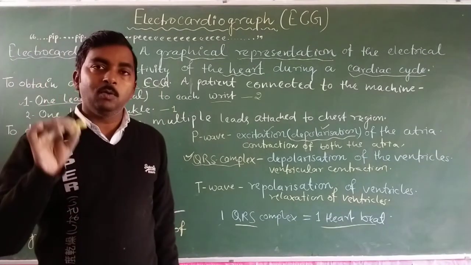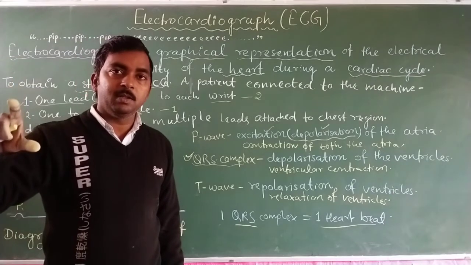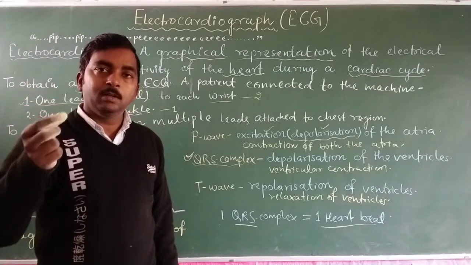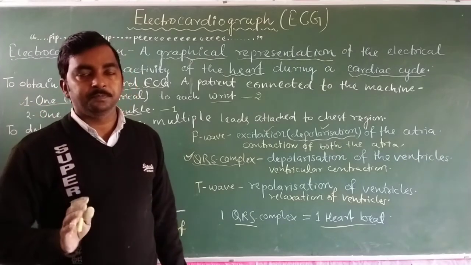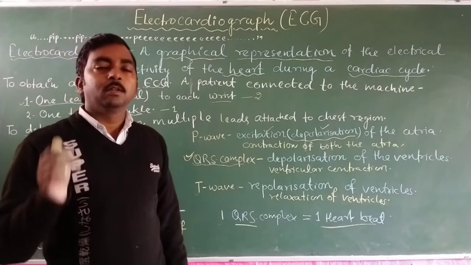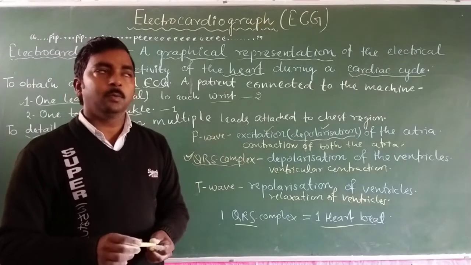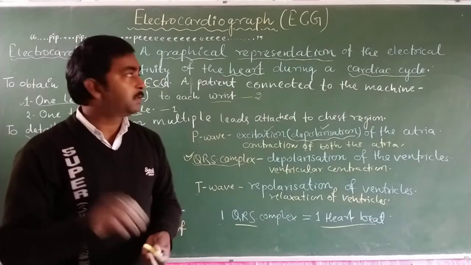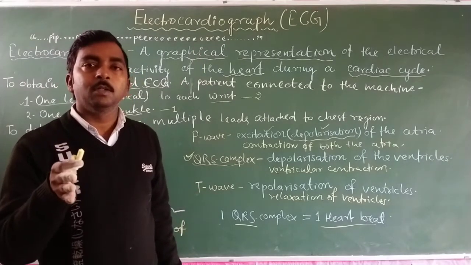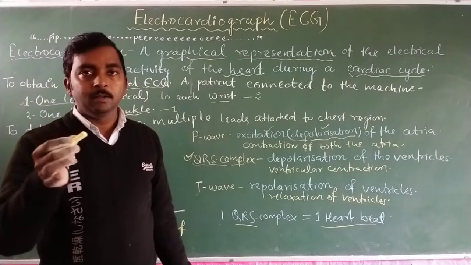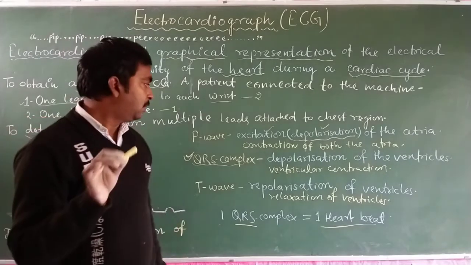It means by counting the number of QRS complexes on the screen, we can find out the heartbeat rate per unit time, which is normally 72 times per minute. So one major advantage of this ECG is to find the heartbeat rate of the patient.